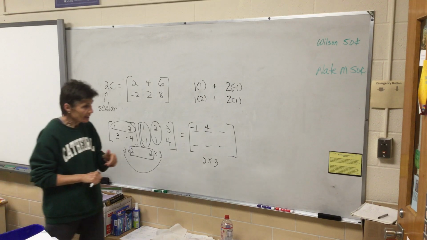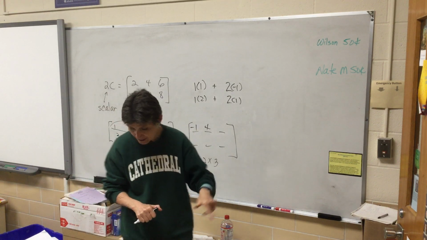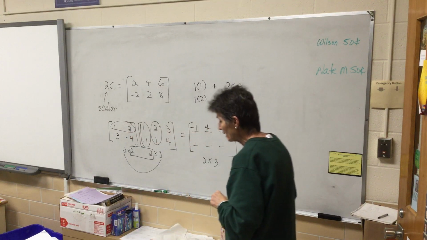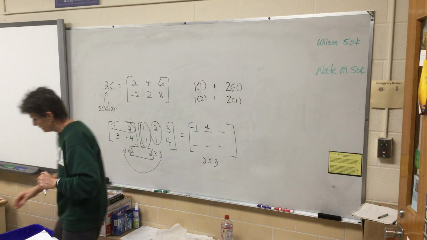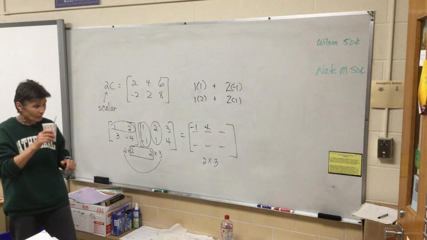Now, can you go ahead and fill in the rest? We'll see what we get, and then we'll redo any that you miss. We've got to get this clarified today. We've got to get this straightened out.